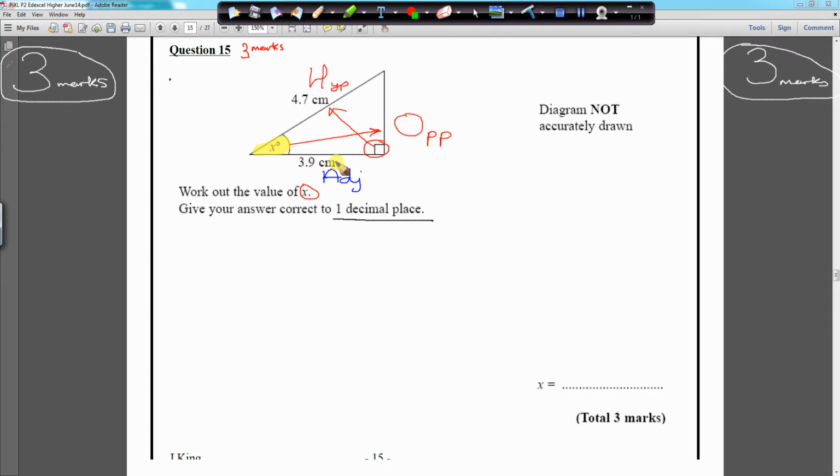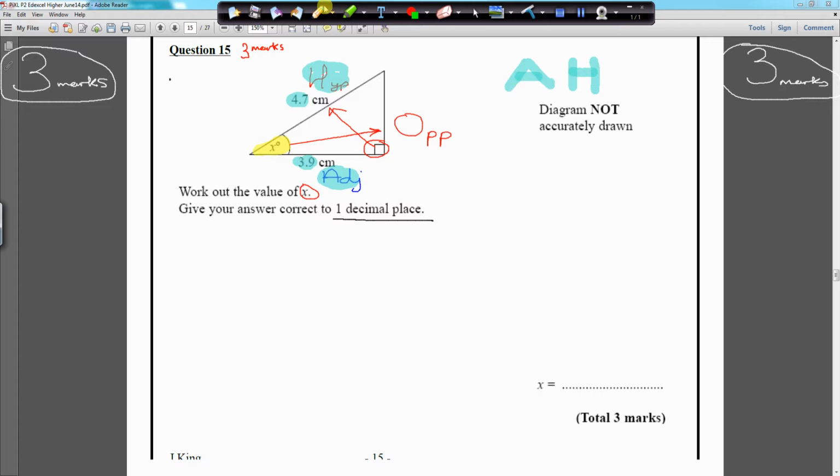Now, let's have a look at what this question is to do with. Let's change our highlighter color quickly to turquoise. Right, now we know the adjacent, which is here, and we know the hypotenuse, which is here. If you look at the A and the H, we have A and H. For those of you familiar with the school teaching of SOHCAHTOA, this is the ah sound.